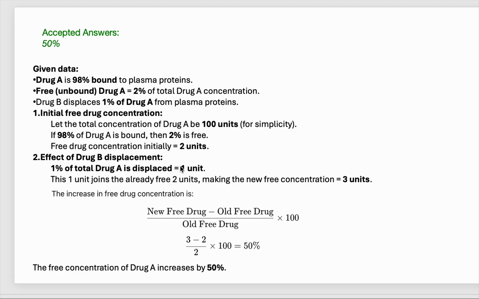Now in total you have 3 free units. The increase in free drug concentration would be new free drug minus old free drug, divided by old free drug. After drug B displaced drug A, we got 3 units. So 3 minus 2, divided by 2, and to convert it into percentage we multiply by 100. So that's how you get a 50% increase.